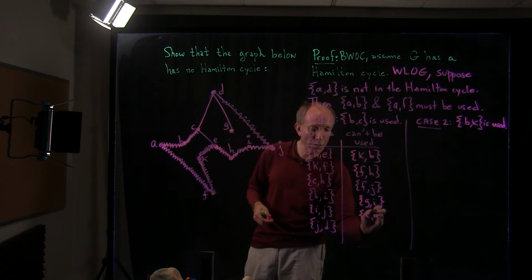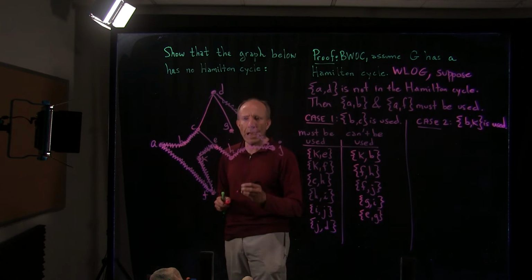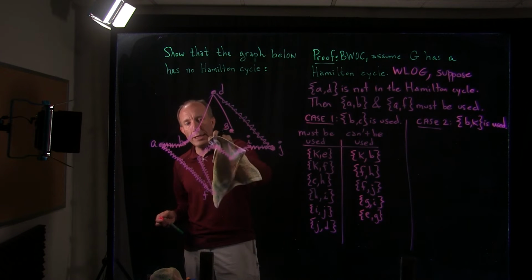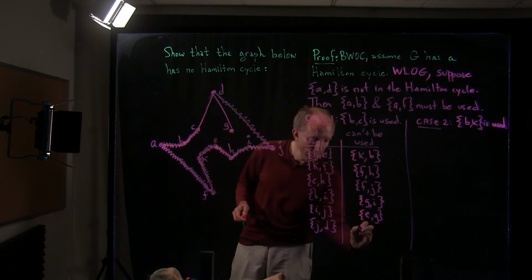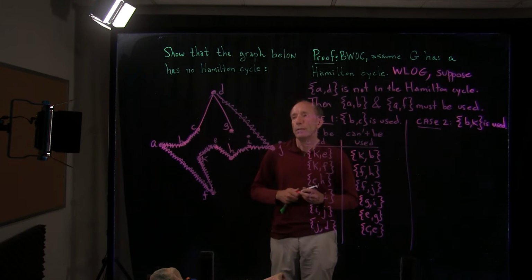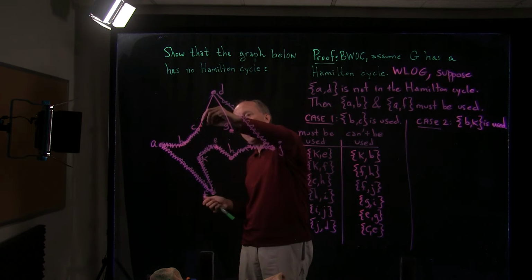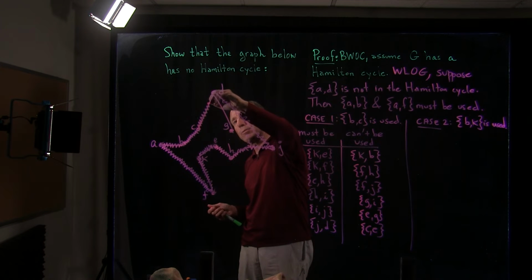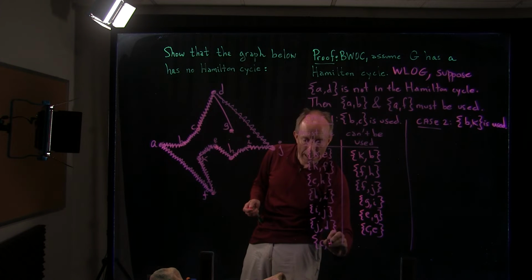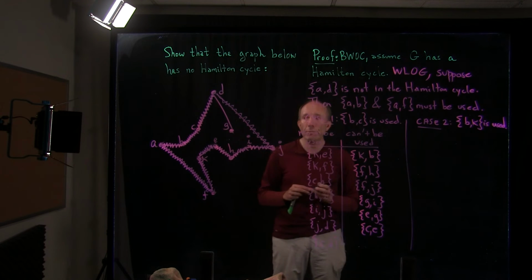So EG is also not allowed. Actually, neither is EC, just for the record. I can't use EC either. And if we look at vertex C, I now actually have to use CD. You can see where we're going with this, right? I must use CD. And we have actually made a premature cycle.